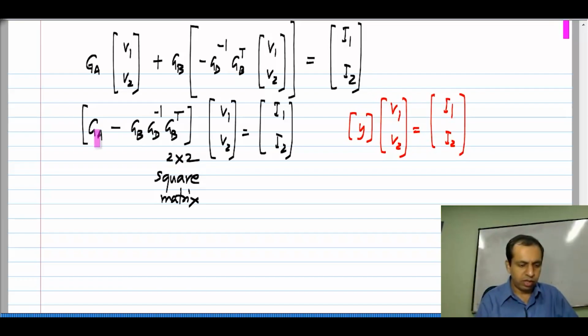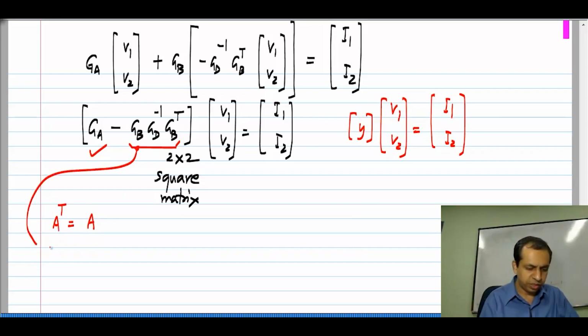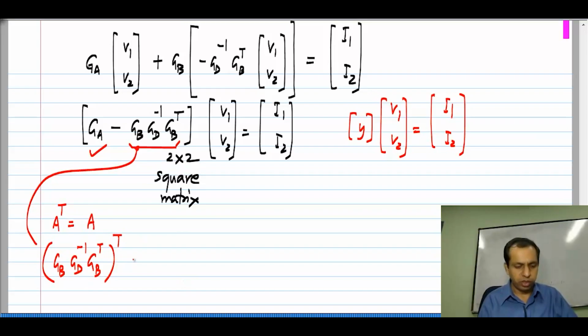Now let us look at G_A. It is symmetric; that comes straight from the symmetry of the G matrix. Now, what about this part? How do you prove symmetry? A matrix is symmetric if its transpose equals the matrix itself, so that we will test. Let us transpose G_B G_D inverse G_B transpose, which is our matrix A. When you transpose a product of matrices, you get the product of the transposes of the individual matrices, but in opposite order.